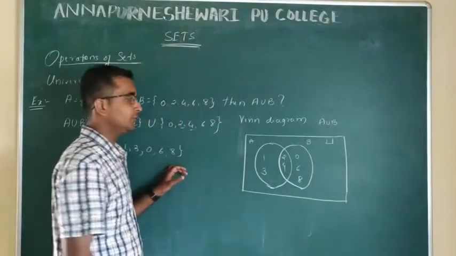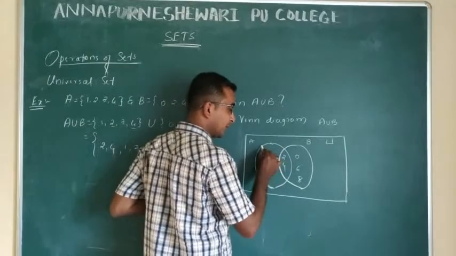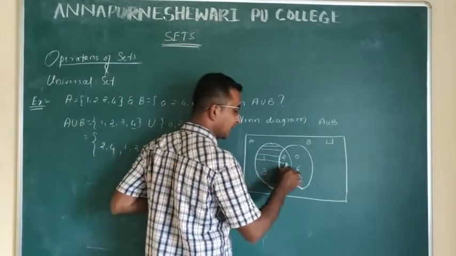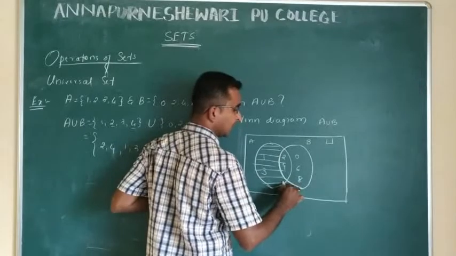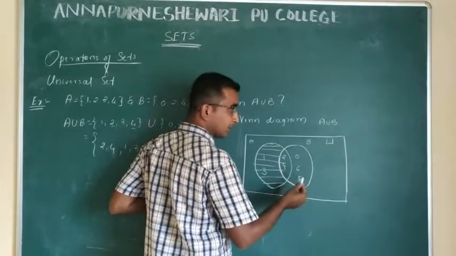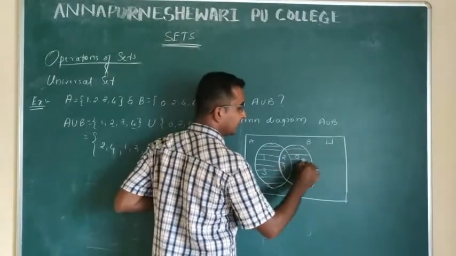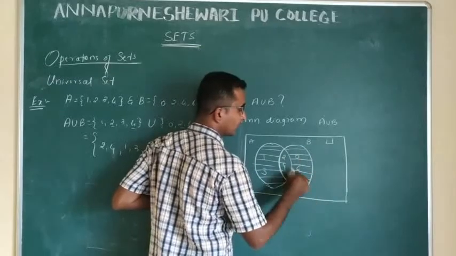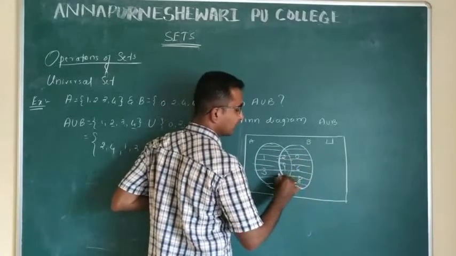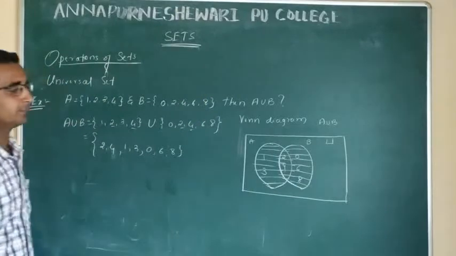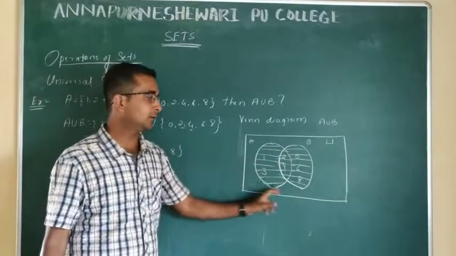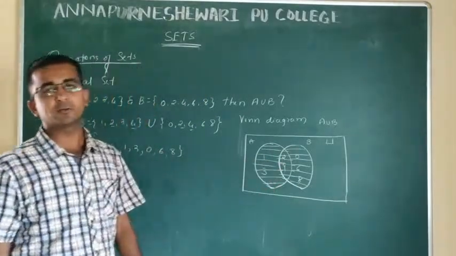So for A union B, the elements which are present in A or B or in both, whatever the common we have.